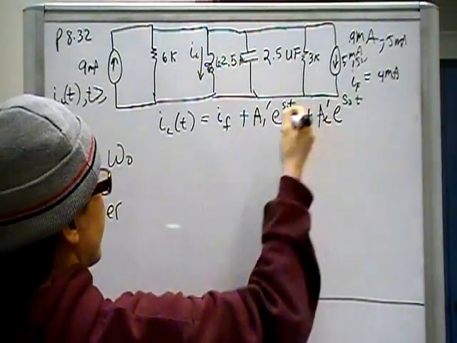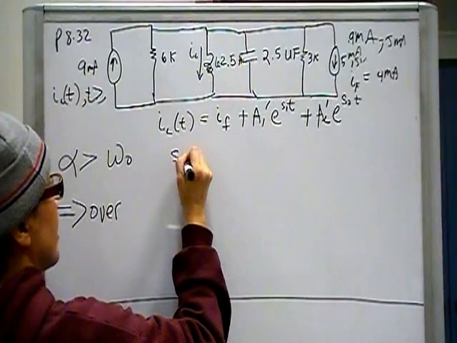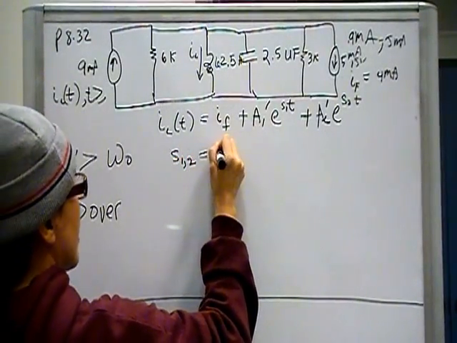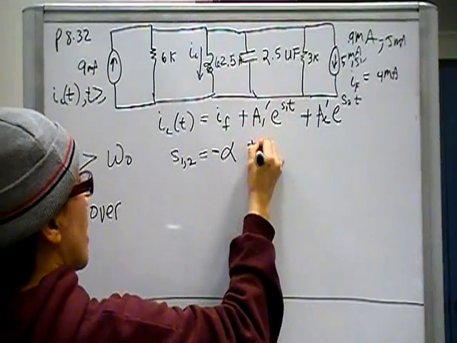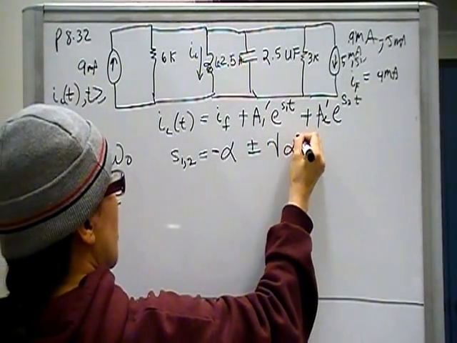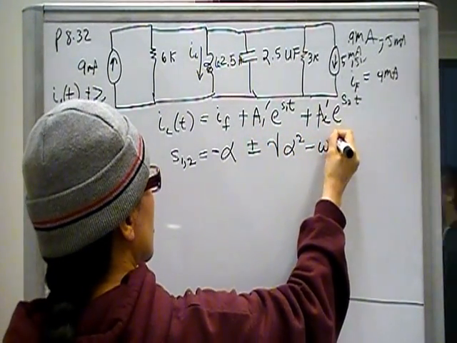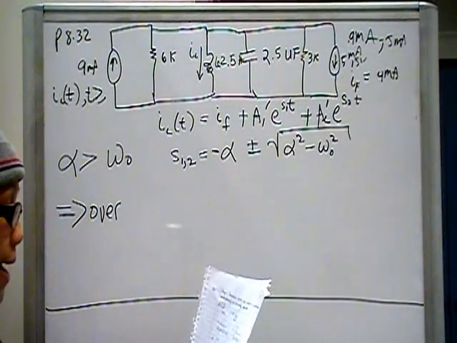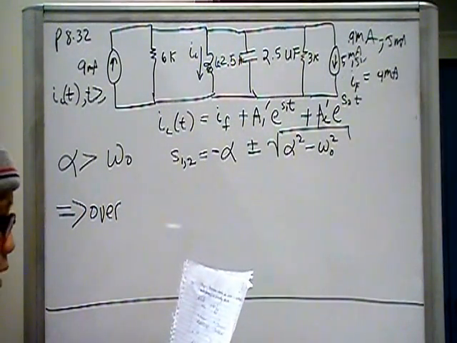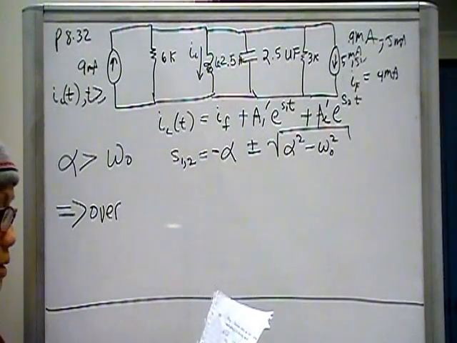Well, first we need to find the S, right? So S12 is negative alpha plus or minus the square root of alpha squared minus omega naught squared. That is S12 for the exponentials of the general equation.